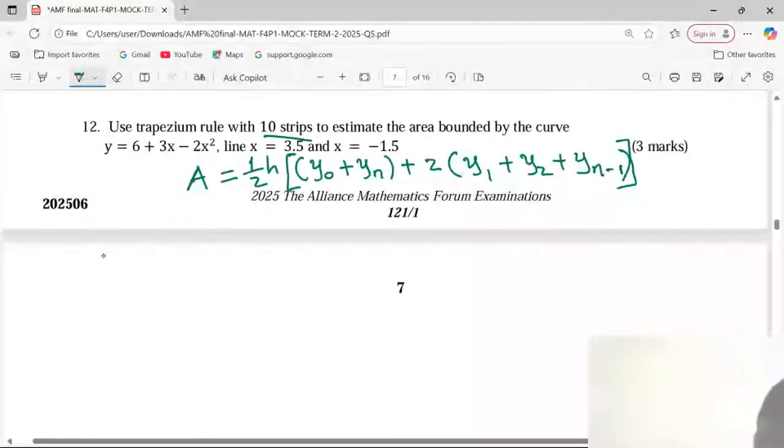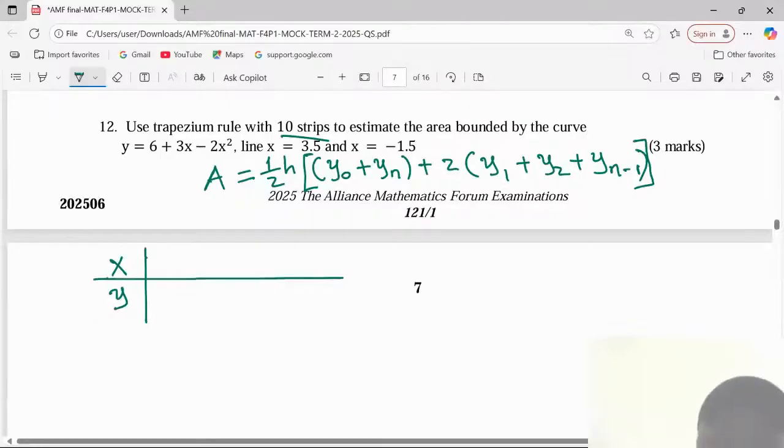That's why in the values of x, then corresponding values of y, we are supposed to ensure this. Let me show you. We are supposed to ensure that we use intervals of half, because if we use intervals of full units, we will have only 5 strips, but we need to have 10 strips.